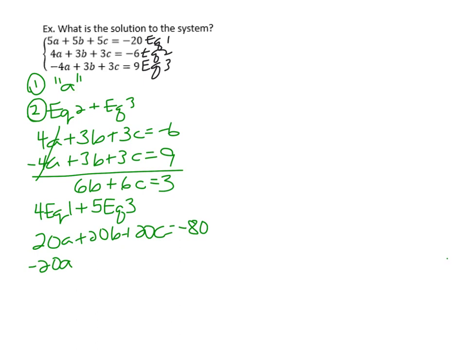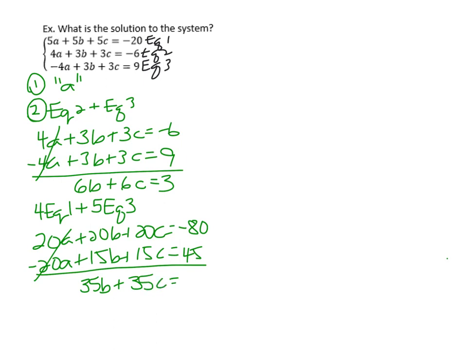And then we get 15b and 15c. And then on the right, we get 45. The a's eliminate again, but now we have a whopping 35b plus 35c is equal to negative 35.